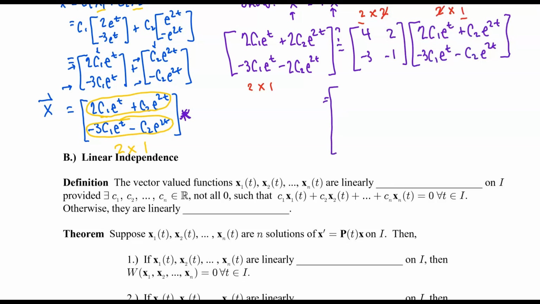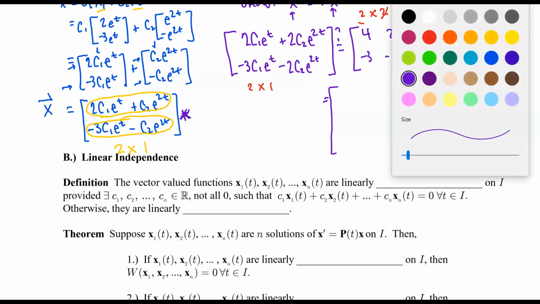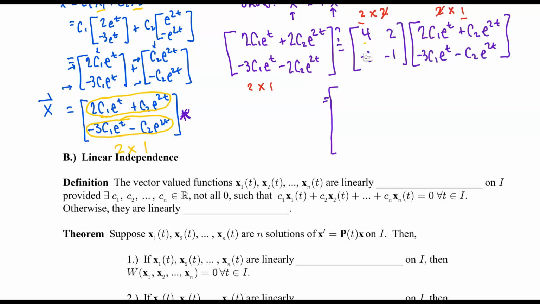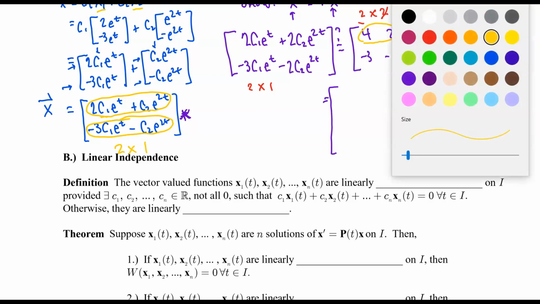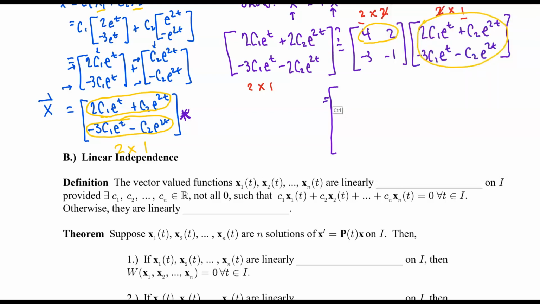So to get the entry in row 1, column 1, I'm going to multiply row 1 by column 1. We're going to have a lot of distributing to do here. So I'm going to take the first entry in row 1 and multiply it by the first entry in column 1.